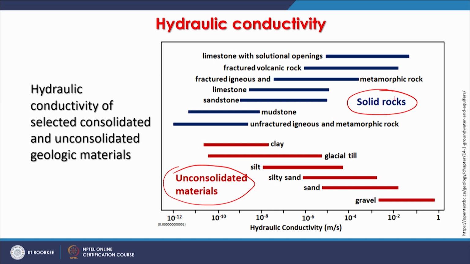If we go through limestone with solution openings, it has a very good hydraulic conductivity, the highest in this example, and unfractured igneous or metamorphic rocks, which we have just discussed, will have very little, it is just at this stage. Similarly, clay will also have low hydraulic conductivity, whereas gravel will have the highest among these unconsolidated materials. We expect that high hydraulic conductivity.